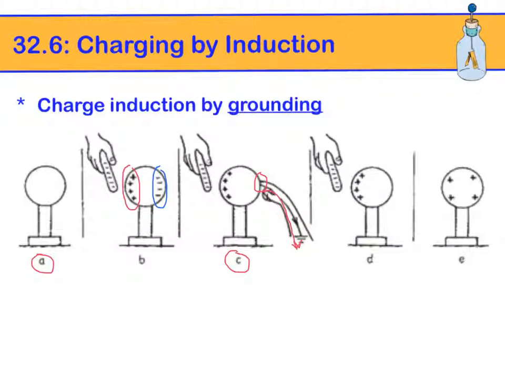So when we touch that, those charges are going to flow through our body to the ground, so that when we're done, all that is left are the positive charges that were attracted to the negative rod. If we then remove that rod, those positive charges will redistribute throughout the metal sphere.